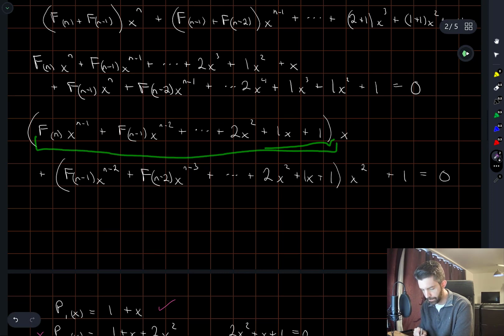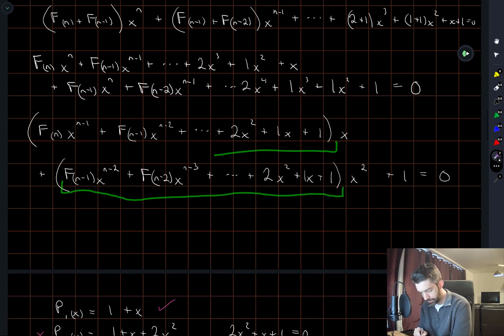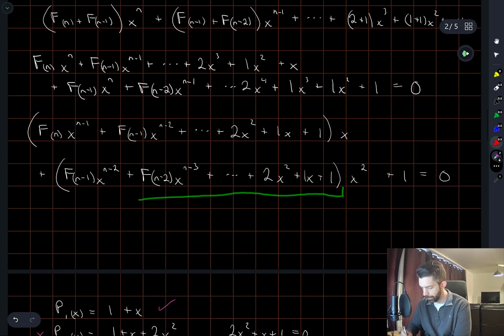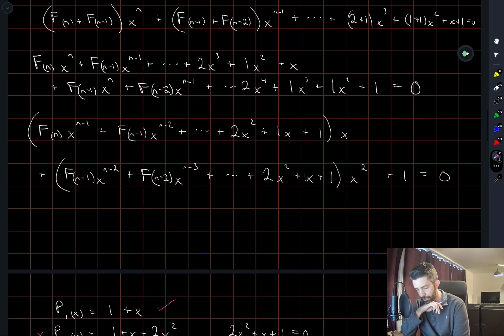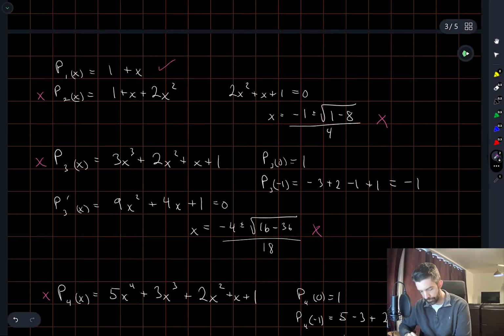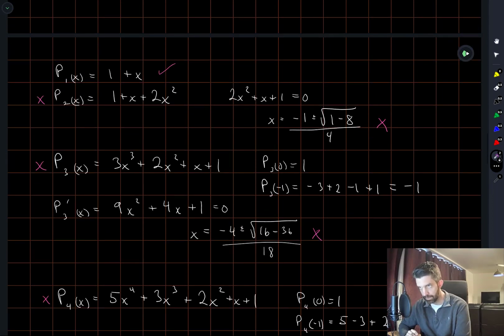So we have a lower degree Fibonacci polynomial times x plus an even lower degree by 2 Fibonacci polynomial times x squared plus 1 is equal to 0. I don't know if this gives us anything in terms of trying to figure out when there's an integer solution. Yeah, I'm not sure. And then I just started computing manually in the first few polynomials, which of them could possibly have an integer solution.